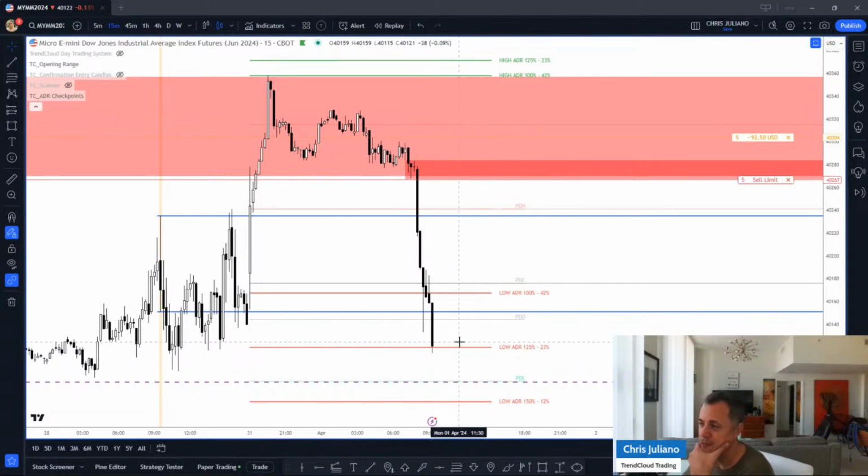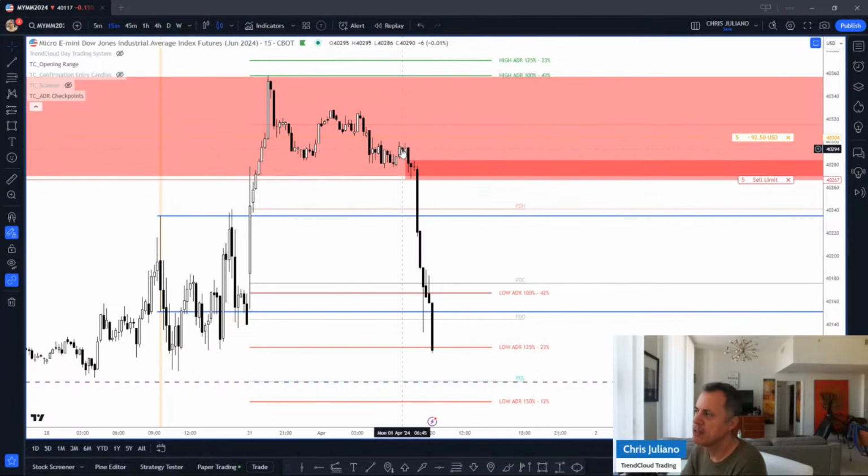This could work in our favor. Because we've hit that ADR checkpoint already, I don't foresee this going any further down, right? Could be that this slows down and then we start to creep back up here.